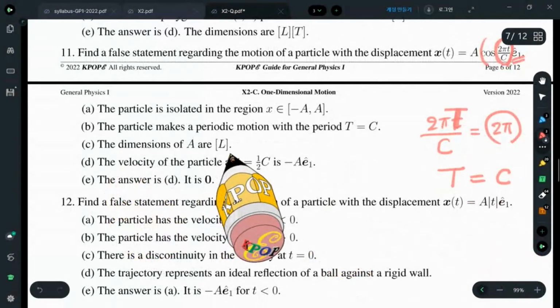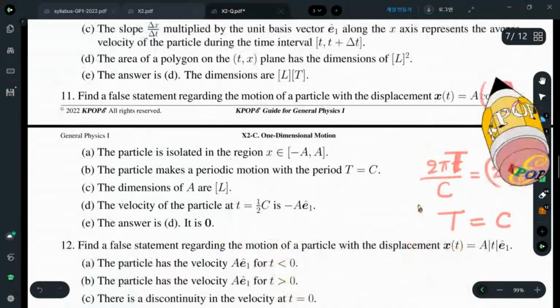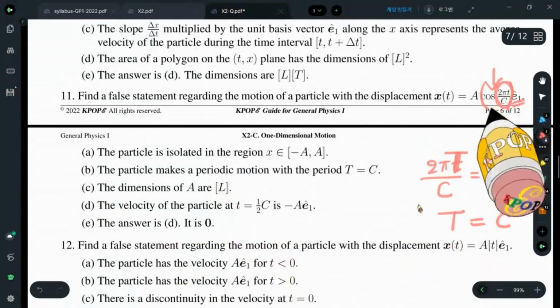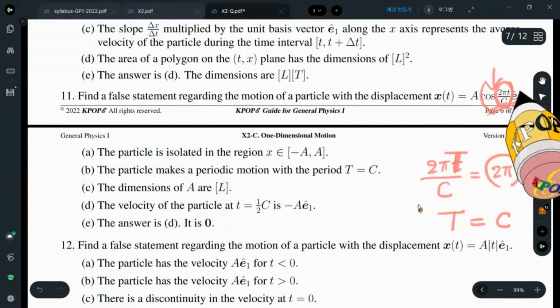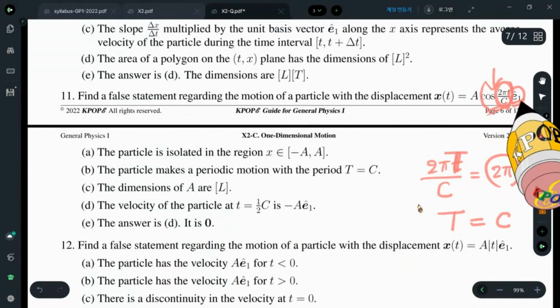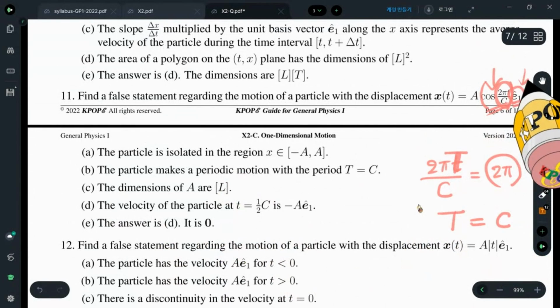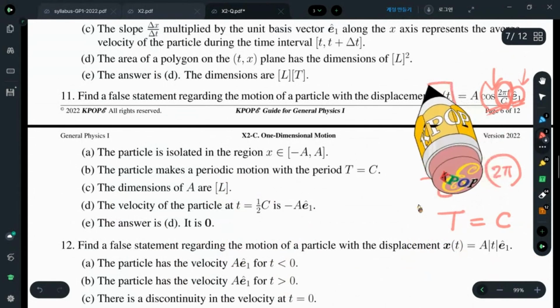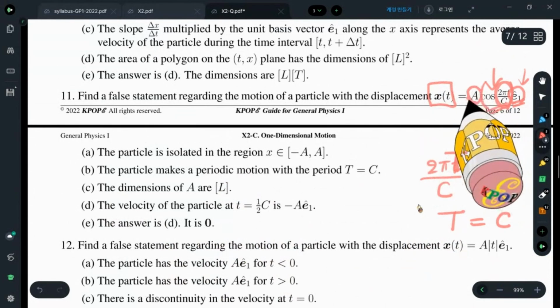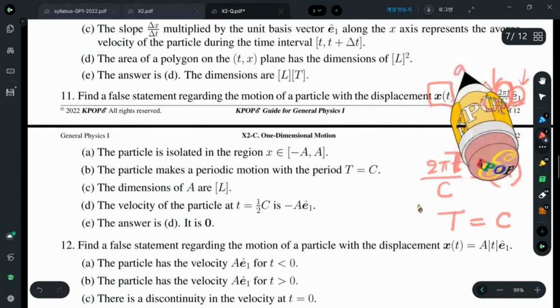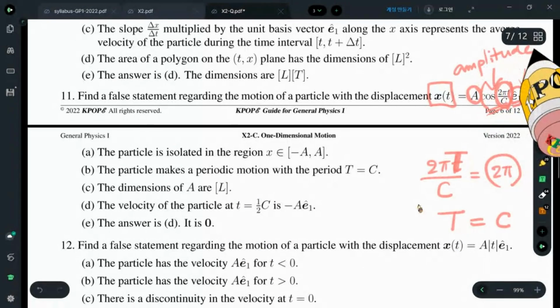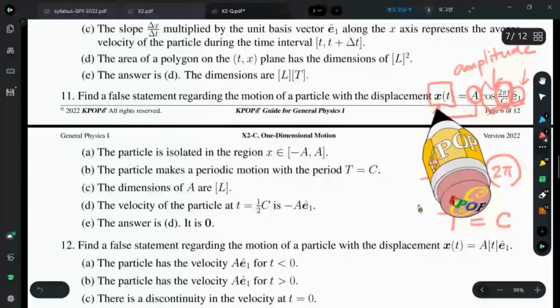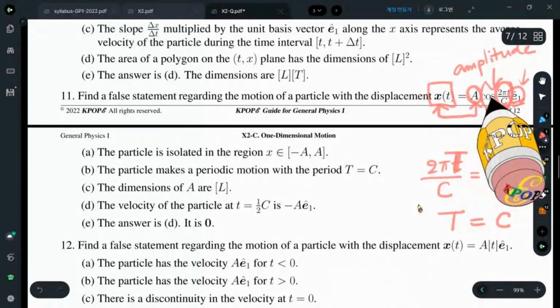Dimensions of a: you know, cosine, sine, exponential, they are dimensionless. And the unit vector is dimensionless. So the whole dimension is carried by the amplitude. Okay, these two are of the same dimensions.